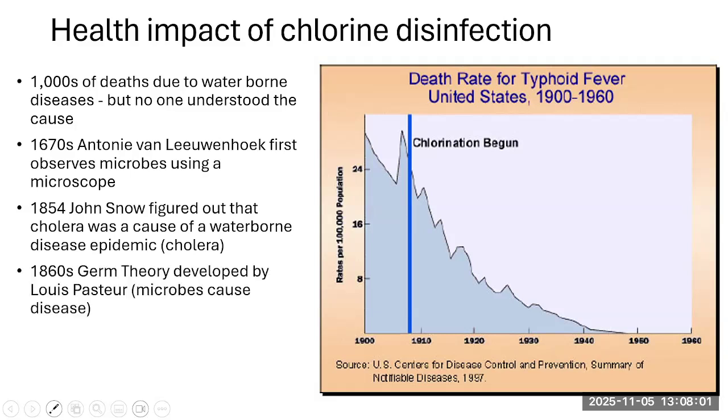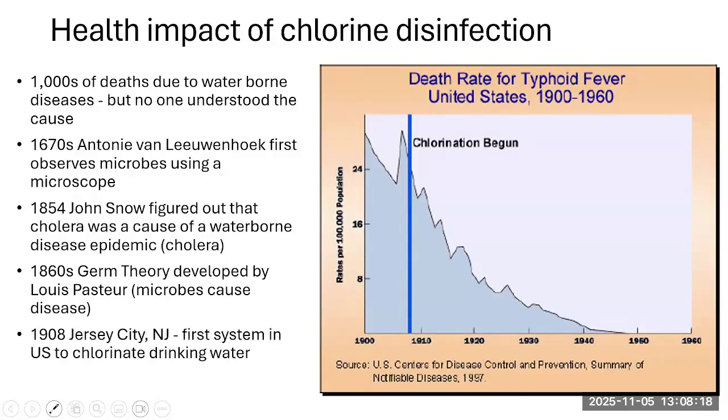In the 1860s, Louis Pasteur created the germ theory, and the idea is that these microbes that we were finally able to see in the 1670s were causing the disease. And then in 1908, in Jersey City, New Jersey, the first water system in the U.S. began chlorinating the drinking water.